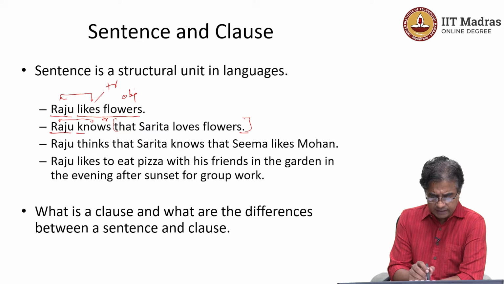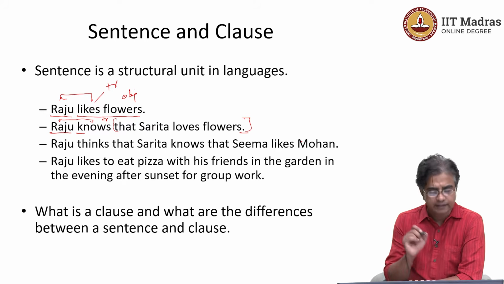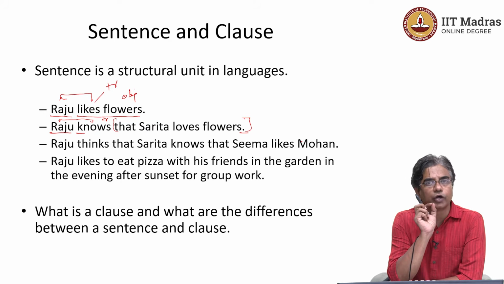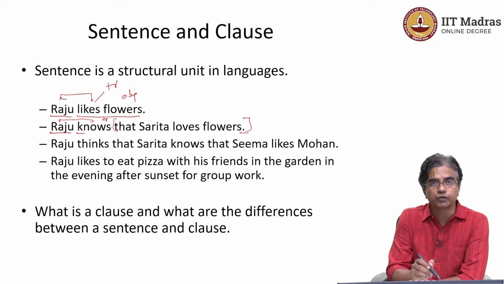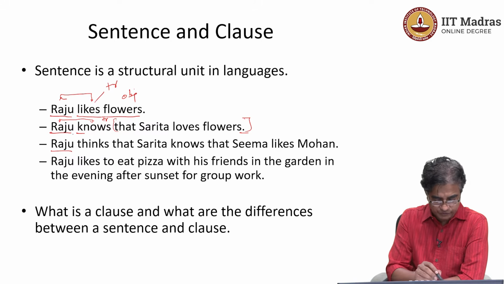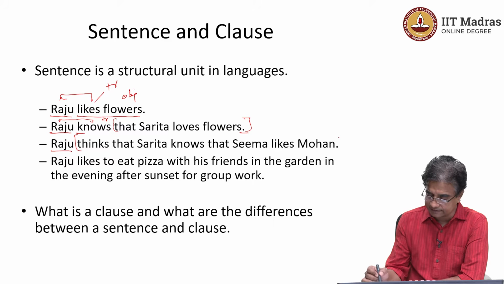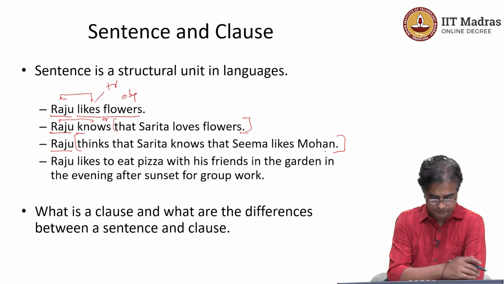Third one, we see Raju thinks that Sarita knows that Seema likes Mohan. Look at this sentence. Is it a sentence? Where are the fundamental components of a sentence in this example? Just as in the previous two examples, it has a subject which is Raju, and then everything else in this bracket is part of the predicate.